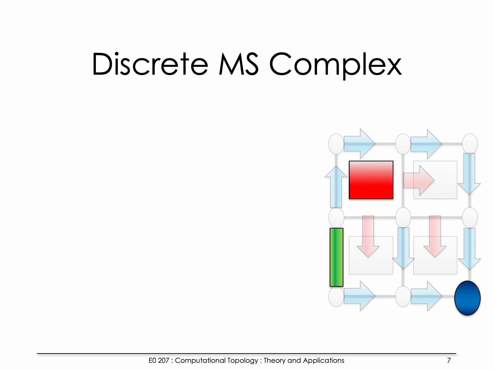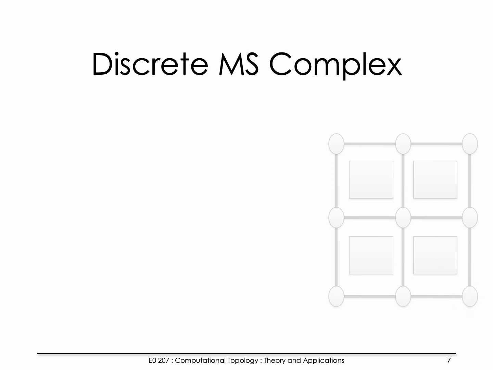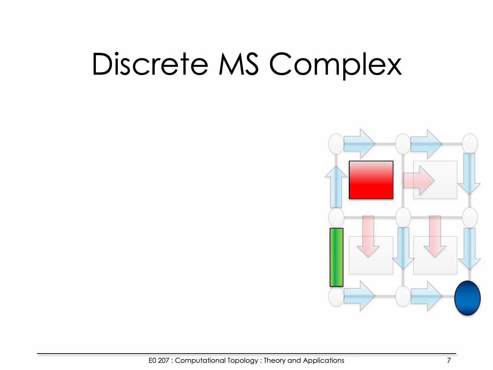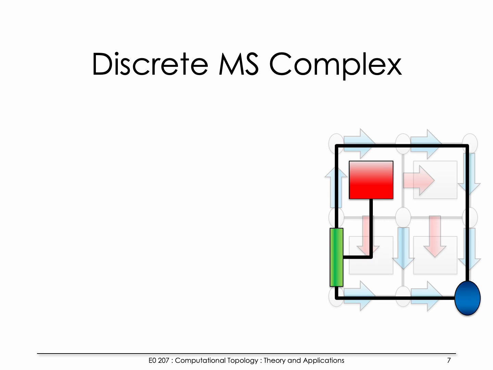The set of V-paths that either terminate or originate at the critical points can again be used to compute the ascending and descending manifolds, similar to the smooth case. Now, if these ascending and descending manifolds are computed for all the critical points, we get the combinatorial structure of the Morse-Mel complex. So with that, we conclude this discussion on the discrete Morse-Mel complex.